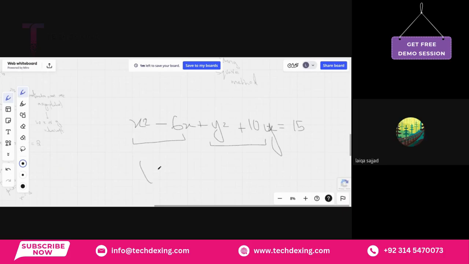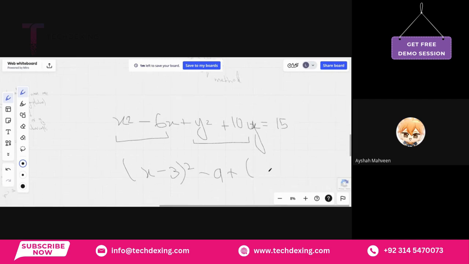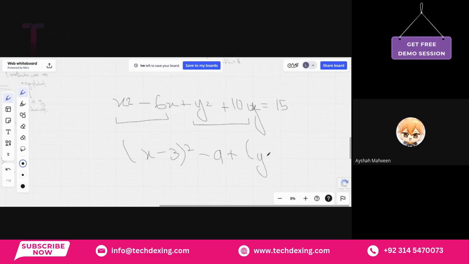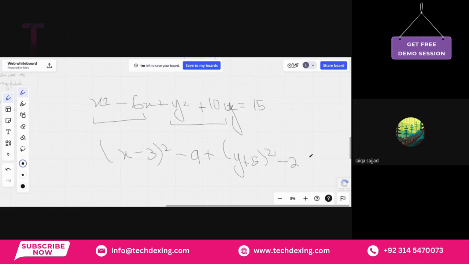And will we get any constant as well? Yes, that would be minus 9. And for the other one, it'll be y plus 5 the whole square, minus 25, equals 15.